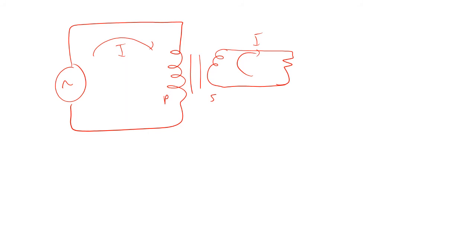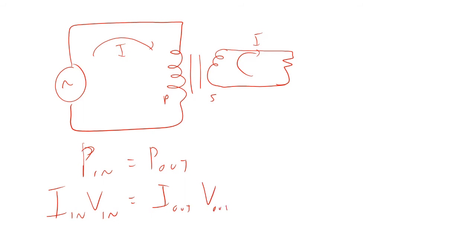And so we could then say that the average power in equals the average power out. So power in equals the power out. And so that means that I in V in equals I out V out.